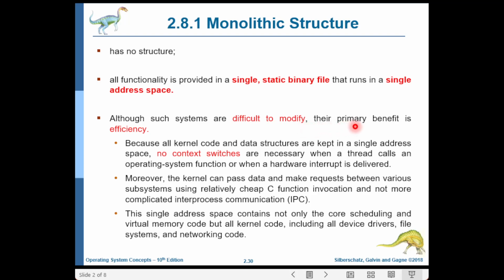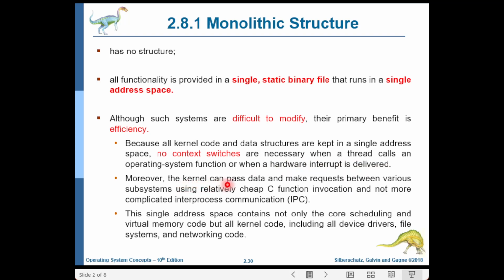However, they have a primary benefit, which is efficiency. So why is it efficient? Because all kernel code and data structures are kept in a single address space. Thus, no context switches are necessary when a system call is made or when a hardware interrupt is delivered.